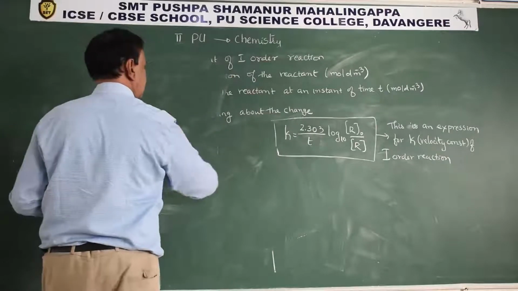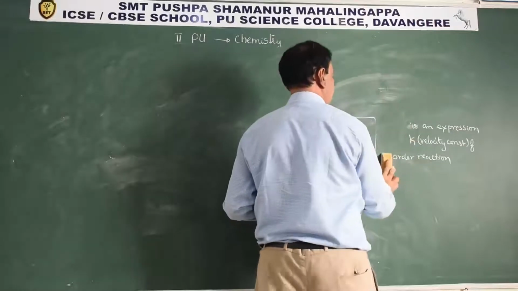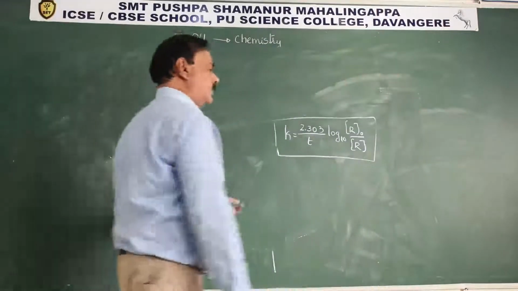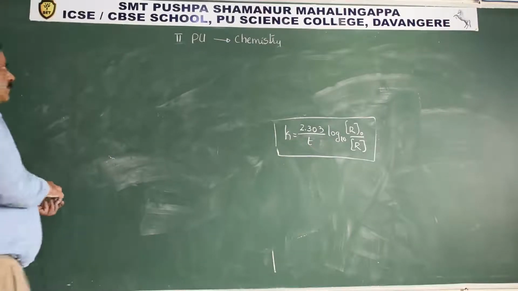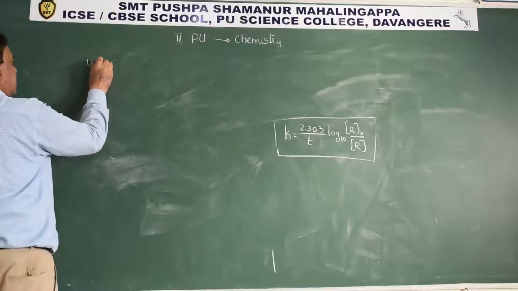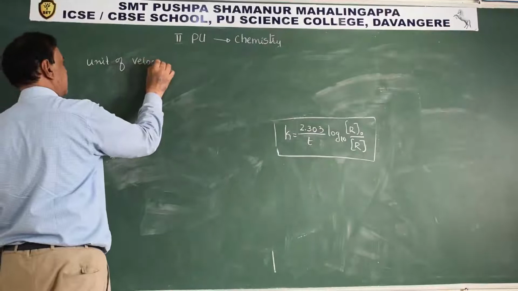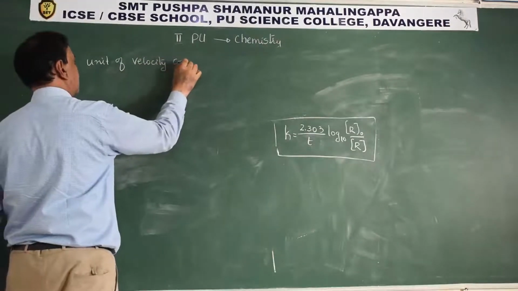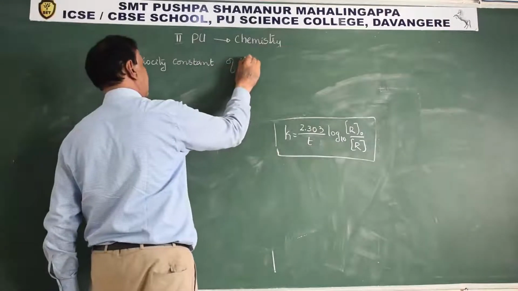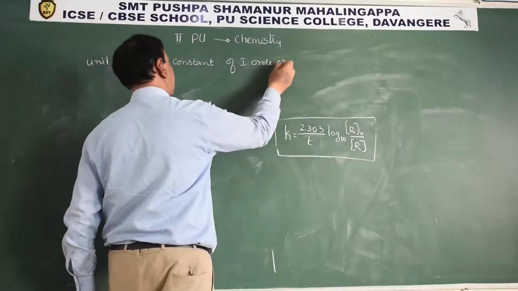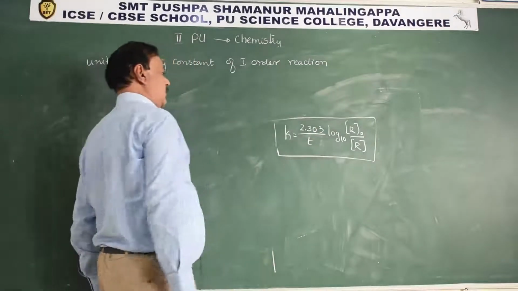Now, what is the unit of the rate constant or velocity constant of a first order chemical reaction?